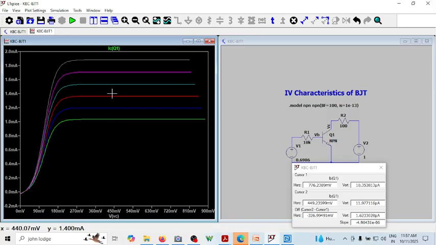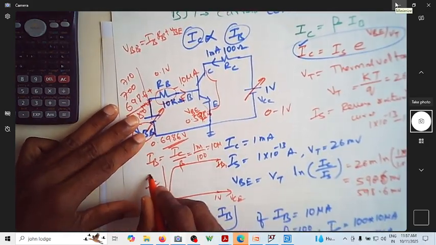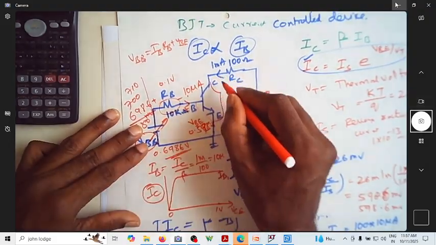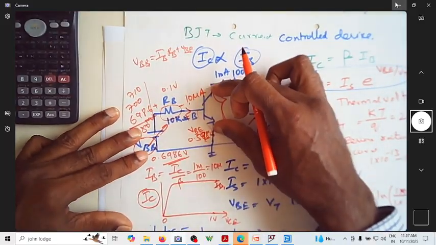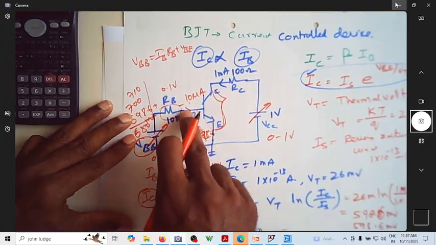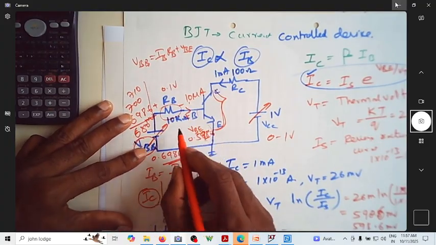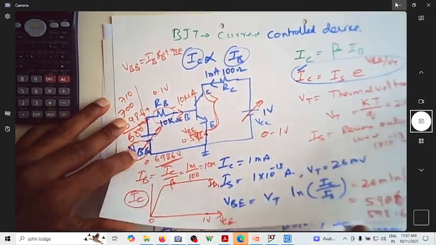It is called output characteristics because we are referring to output current and output voltage. This is output voltage and this is output current, whereas this is input current and input voltage. If you are referring to input current and input voltage, it is called input characteristics.